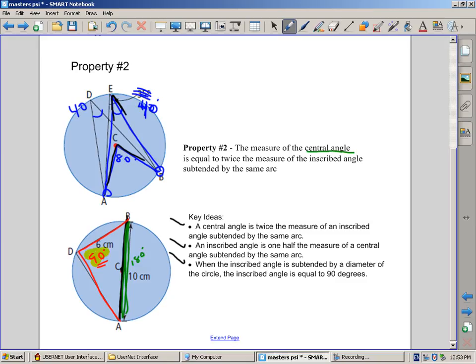If we know that this inscribed angle is 90 degrees, then we know that the central angle will be 180. Anytime we deal with a diameter, like this line here, we know that it's going to measure 180 degrees. If an inscribed angle is subtended by a diameter in the circle, we know that it'll always be half that measure. And that's a summary or an explanation of properties 1 and 2.